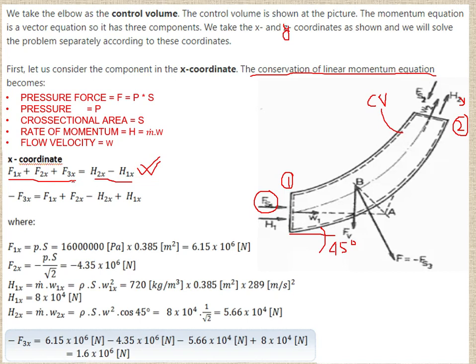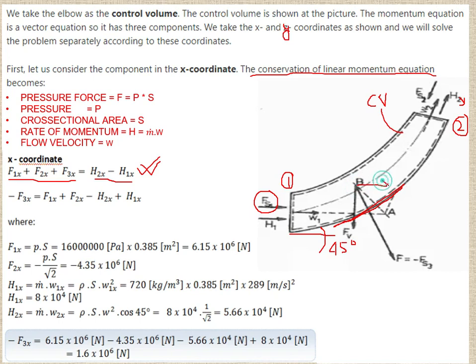Now let's see what forces are acting on this surface and what their magnitudes are. What is our objective? Our objective is to calculate Fs, the force acting on the surface of the elbow. That is basically F3. What are the components of F3?